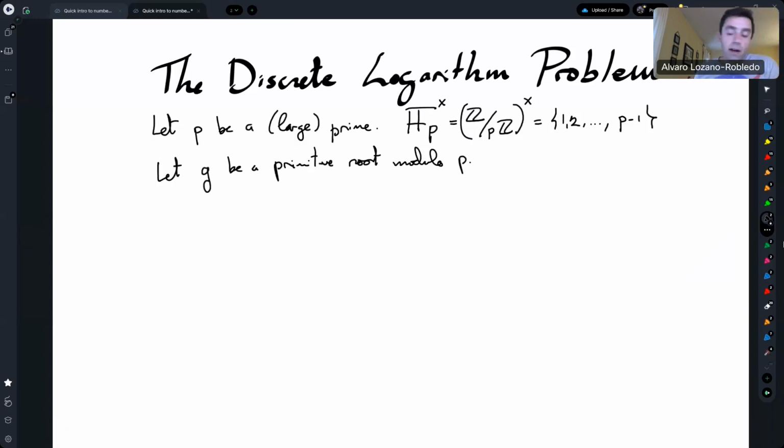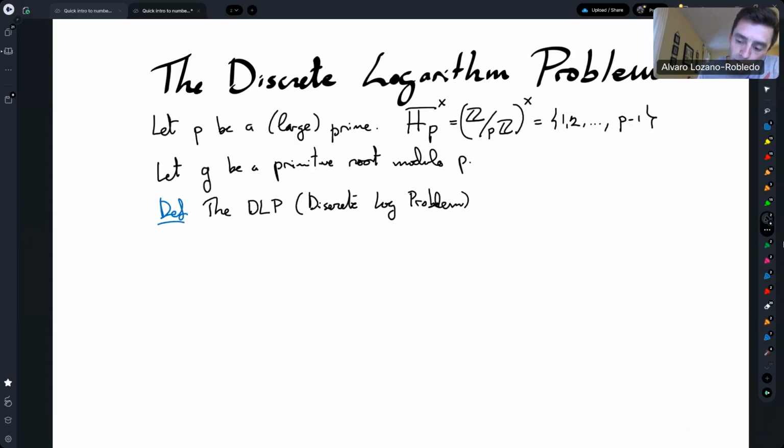Then the discrete logarithm problem is the following.